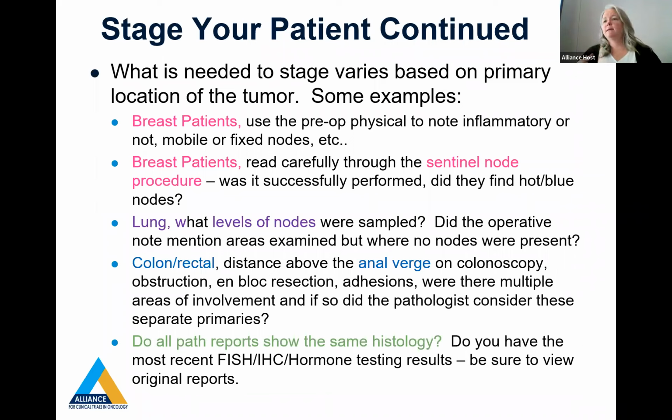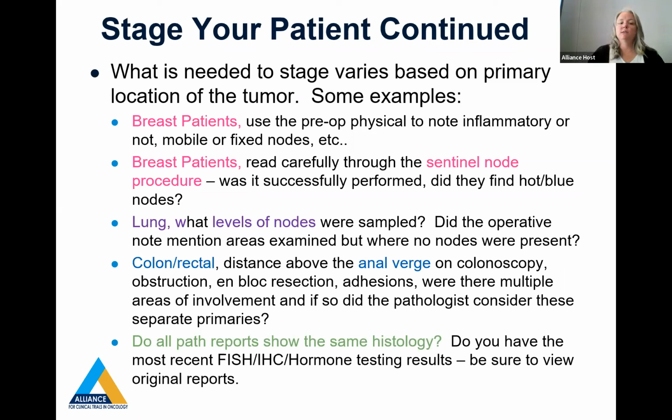A lot of times in the breast studies, that plays into their eligibility criteria or their stratification. So for lung, you want to think about the level of nodes that were sampled. Did they have clear margins? What did the operative note say regarding lymph nodes and sections and where we're at in the lung?